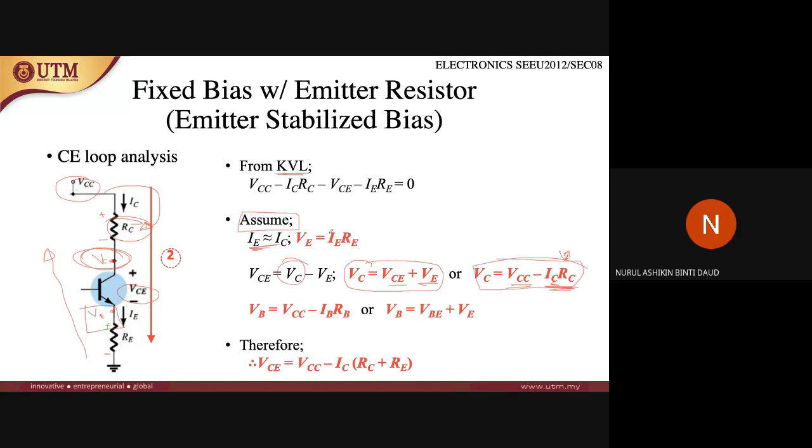For this equation as well, let's say you don't know the value of IE, but we know IE is approximately IC, so we can say VE equals IC RE. In the exam, you need to mention this: assume IE is approximately equal to IC, because writing this information will give you marks.